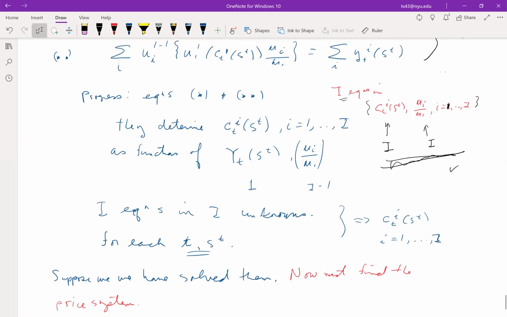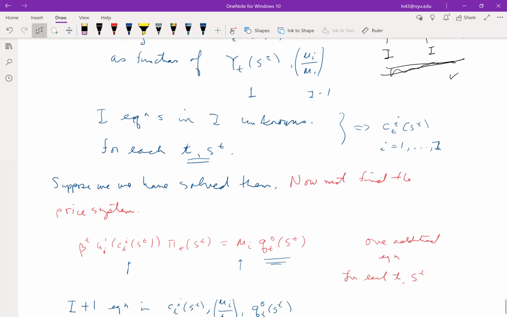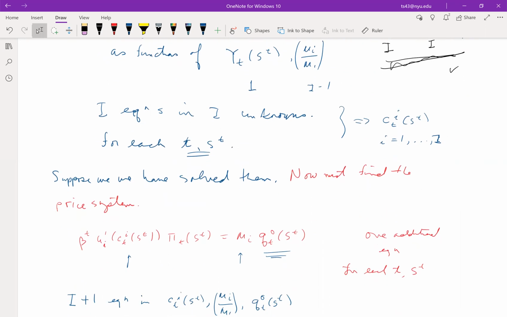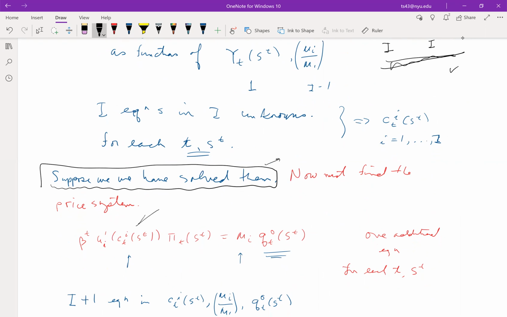Okay, so what we said earlier, suppose we have solved them. Well, we can suppose that we've solved them, but we don't have enough equations to solve for the allocation. If we knew the allocation, we would know that it had to satisfy this equation.